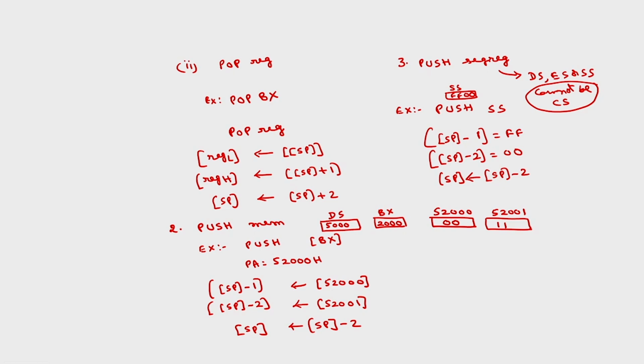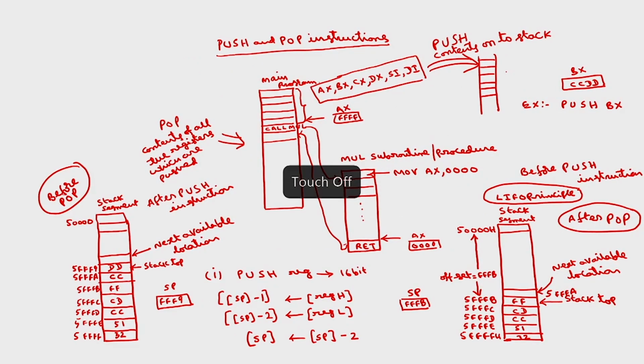Then there is a fourth instruction which is called push flag register. The flag register is a 16-bit register again. The contents of the flag register can also be saved onto the stack, because again the same concept. While the microprocessor is executing these programs, at this point AX is this, and the status of the various flags, say carry flag is set, direction flag is reset, some status is there.